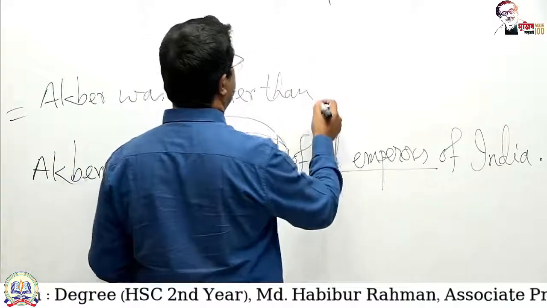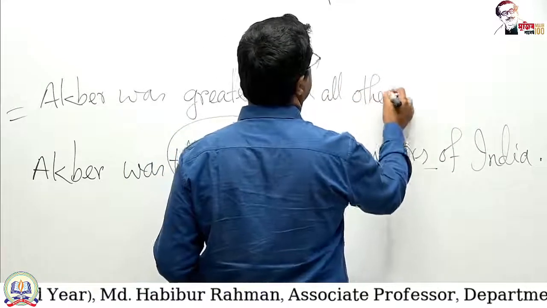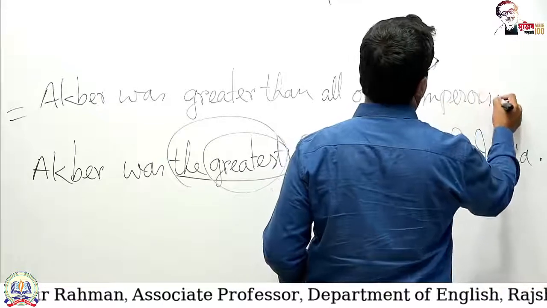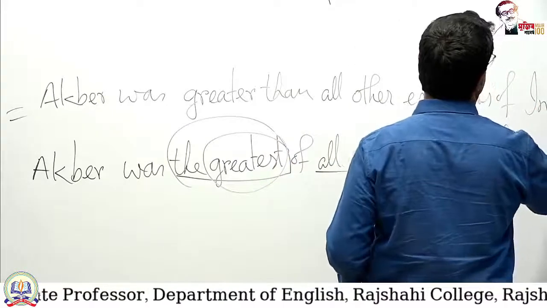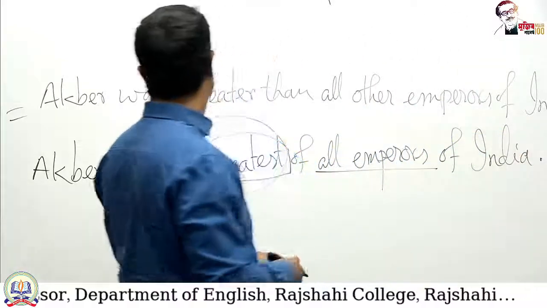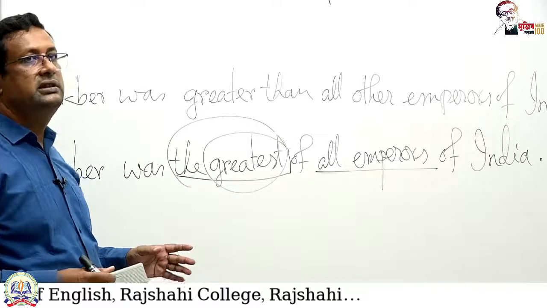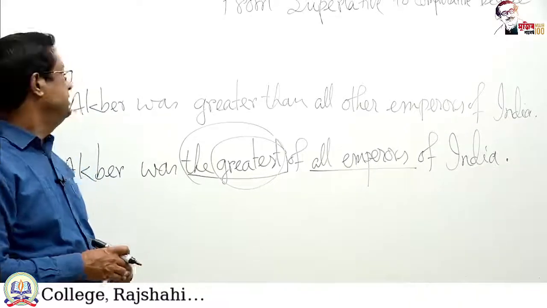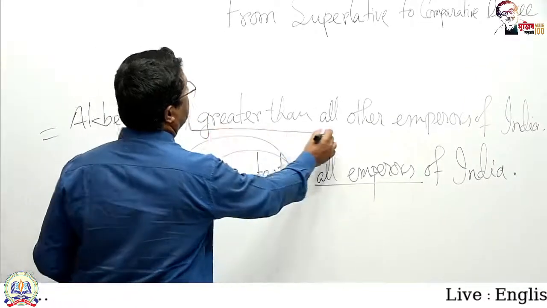So we will write than all other emperors of India. Okay. Akbar was greater than all other emperors of India. This is the common change, and I think this is very, very easy.